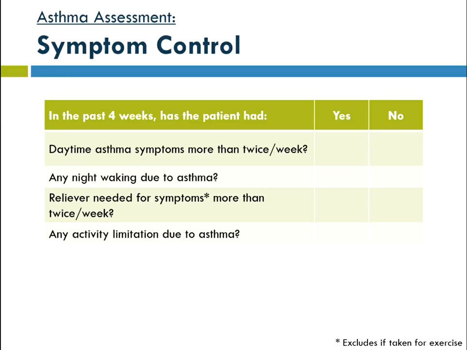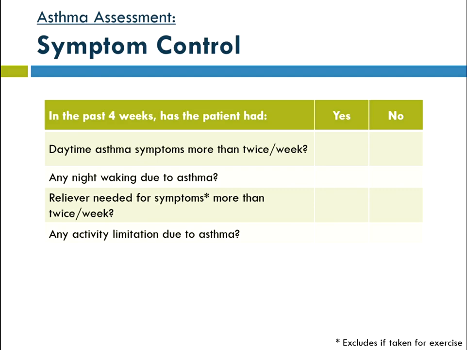Number 3, do they need their reliever for symptoms more than twice a week? But remember, the symptoms can resolve spontaneously or as a result of medication. So if it's not resolving spontaneously and now they need their medication, well, that's a check mark for question number 3. Does that make sense?